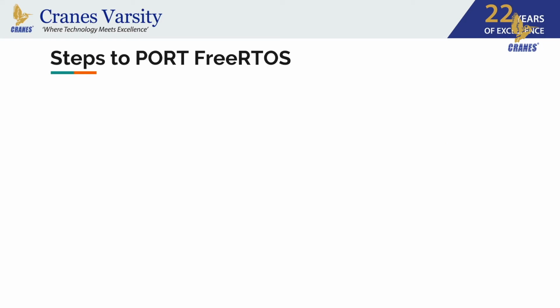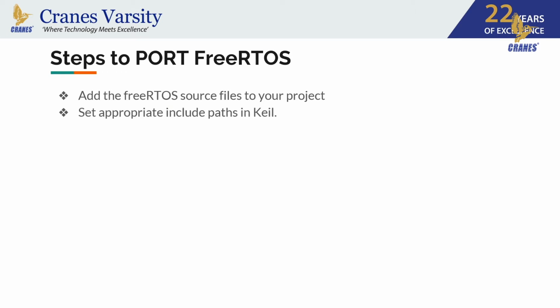Here the first step we need to do is add the FreeRTOS source files to your project. In the second step, we are going to set the appropriate include paths in our Keil Microvision. The third point is we are going to copy our FreeRTOSConfig.h into the same directory where your main.c is present.